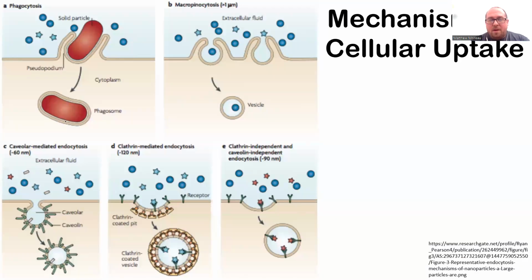Now, the important thing about pattern recognition receptors is that they very specifically activate phagocytosis. And phagocytosis is a unique thing in that when there's a direct engagement between a receptor and a ligand, this induces the creation of something called a pseudopodium.